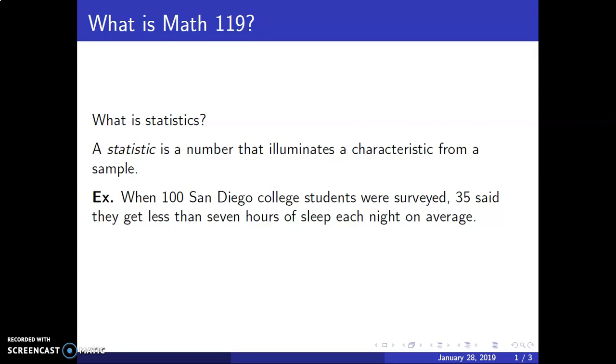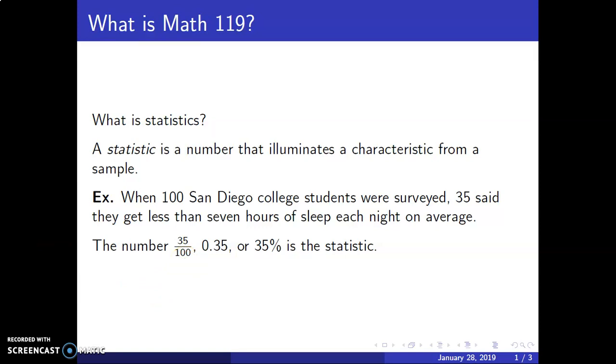So what are we looking at, and what is the statistic in that example? There are a few different ways to represent it, and both the numbers 35 and 100 are important. If it was 35 out of 100, we could think of that as the fraction 35 out of 100. That's the statistic.